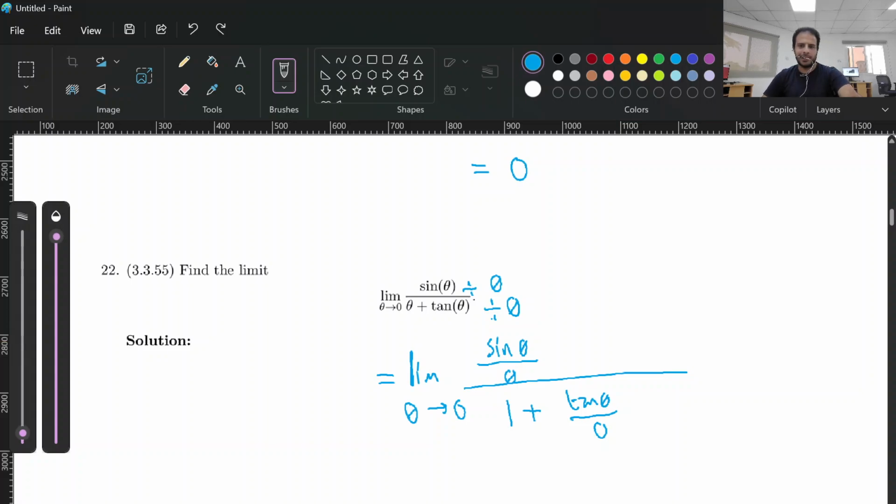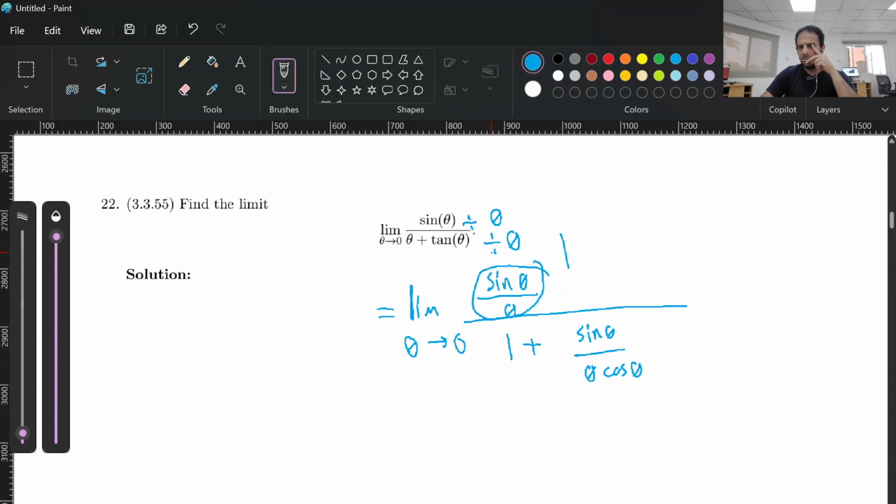So we have sine theta over theta cosine theta. Now up it's 1, right? Good, it's 1. Correct. Now here, sine theta over theta, down, it's also 1, right? 1 over cosine 0, also 1, right? So the result here is 1 over 1 plus 1, which is half, 1 over 2. Are you good with this? Okay, it's easy. Yeah. Thank you.